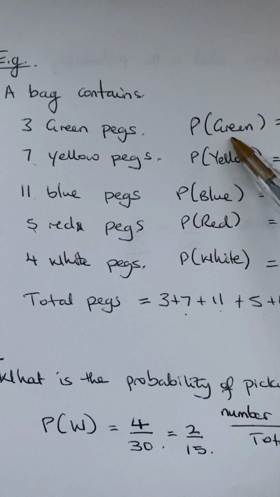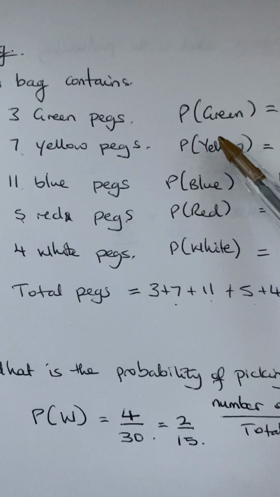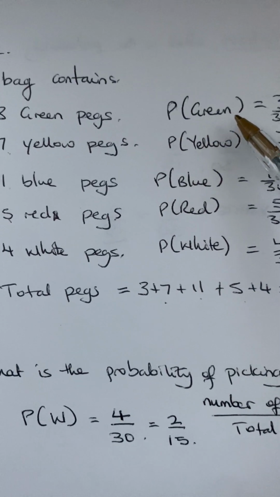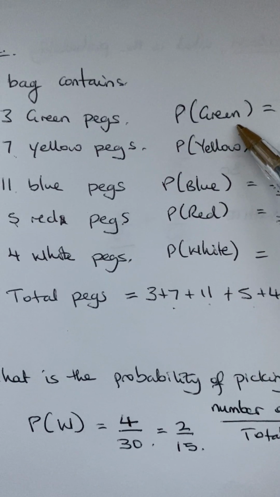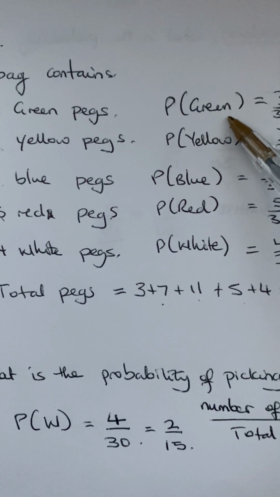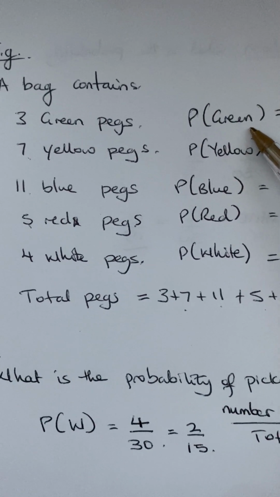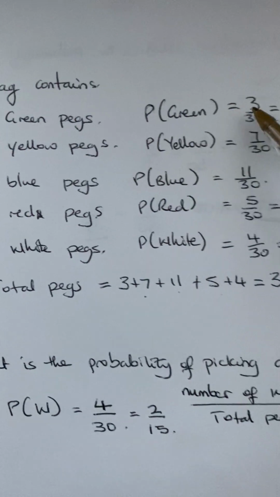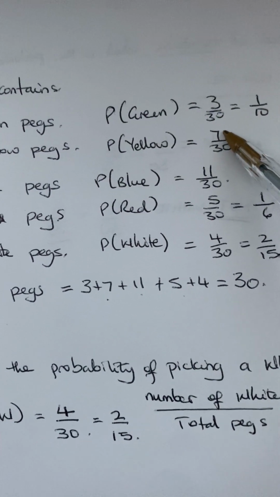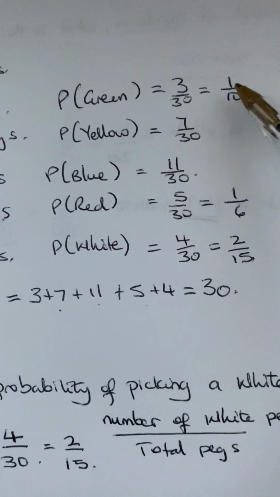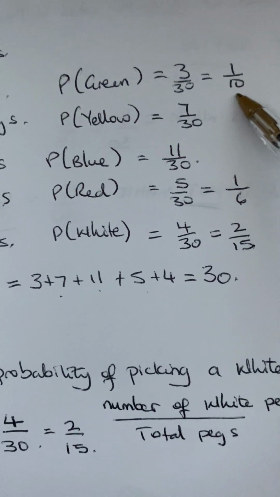So if I put all the pegs in the bag and I want to pick a green, 3 green pegs means 3 out of 30. So that will be 1 divided by 10.